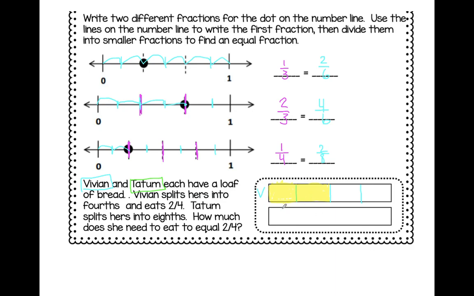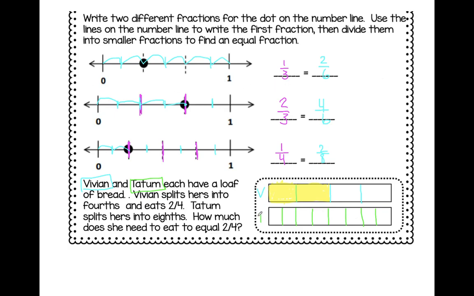You're going to notice with 8ths, our pieces are going to get a lot smaller. So we have 1, 2, 3, 4, 5, 6, 7, 8.